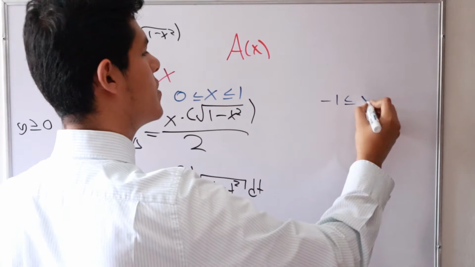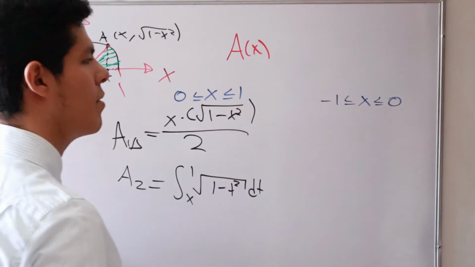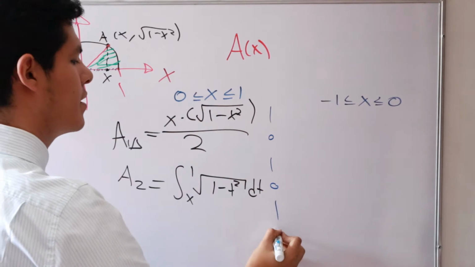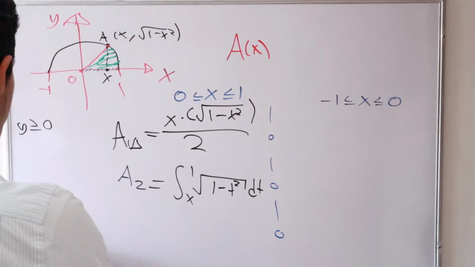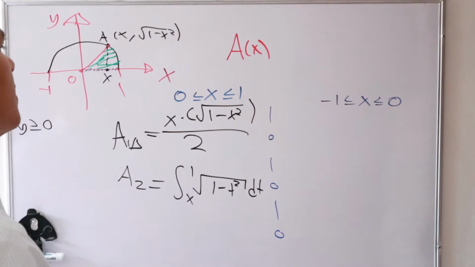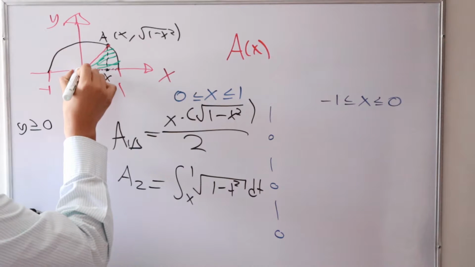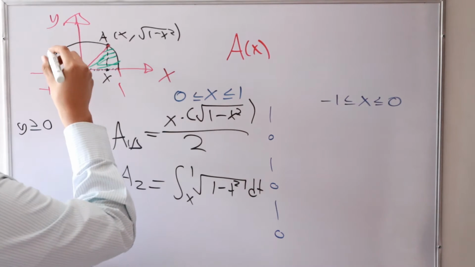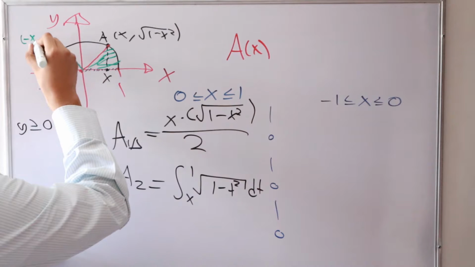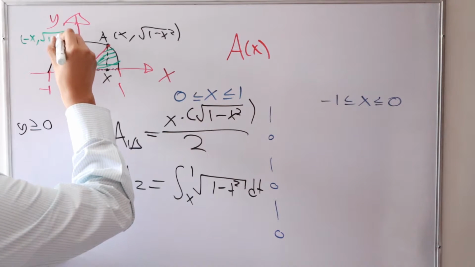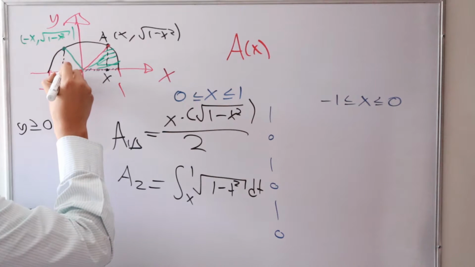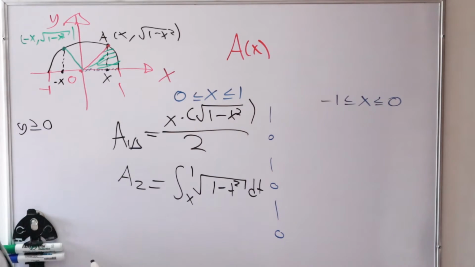Is it true for the other case, when -1 is less than or equal to x, less than or equal to 0? So we need to find the other case. For example, if you have the opposite, this point is x, square root of 1 minus x squared, and the base equals minus x.